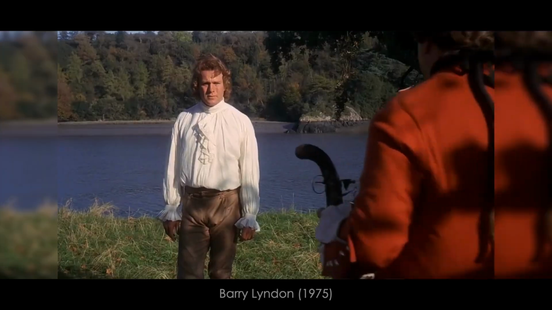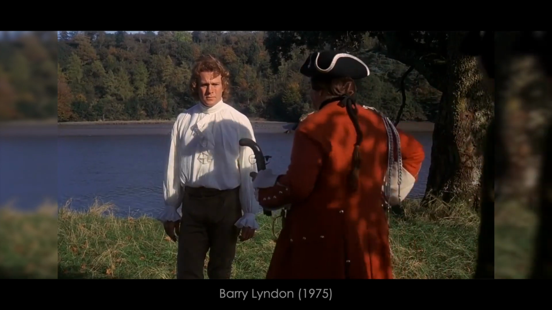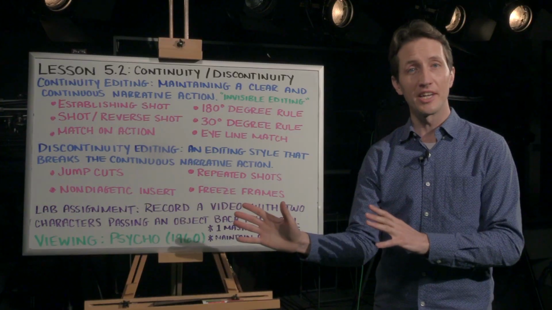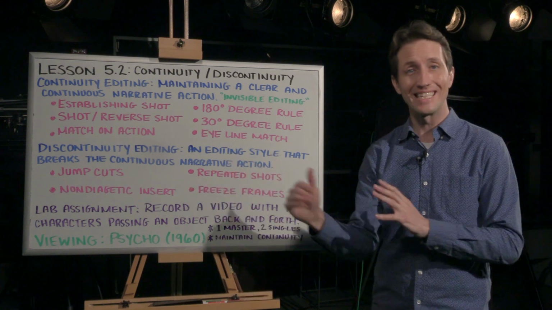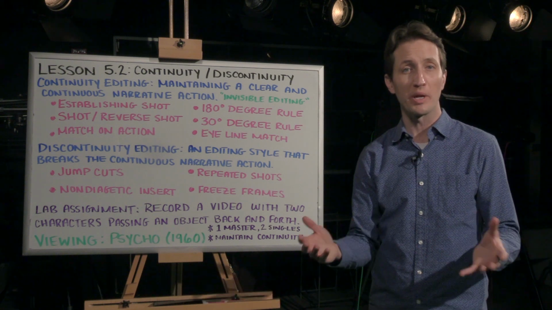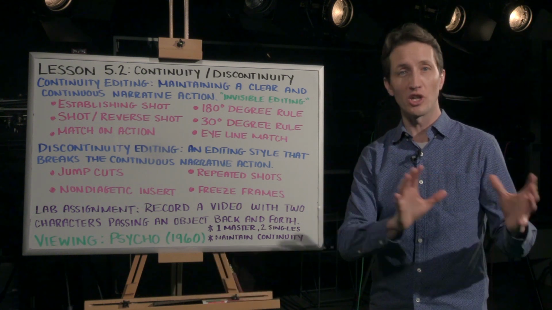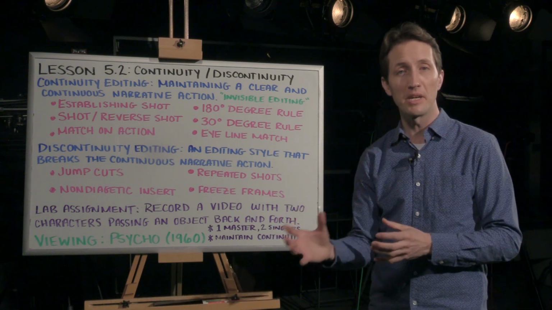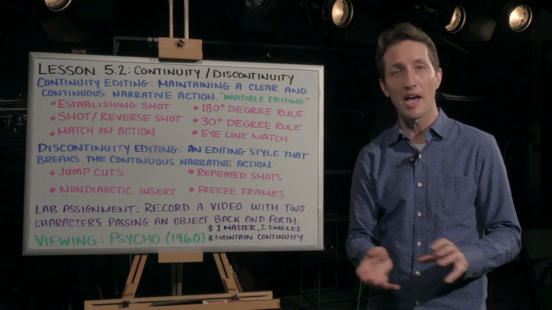Shot, reverse shot involves two characters in the same scene who are filmed separately using different camera angles. Another way to hide your edits or preserve continuity is to cut on the action or match the action. Let's say you have a character swinging a baseball bat and you start on a wide shot or a full shot and then you cut into a medium shot of them doing that same action.